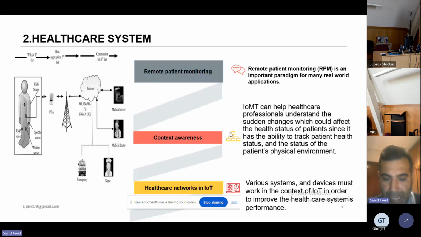There are various ways of assessing IoMT, but generally the quality of care, remote patient monitoring, and context awareness are the most important things to consider.